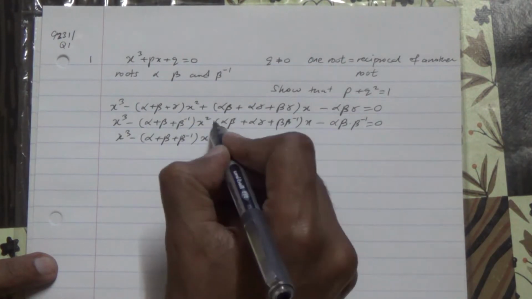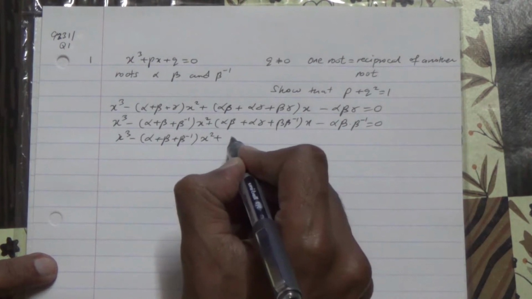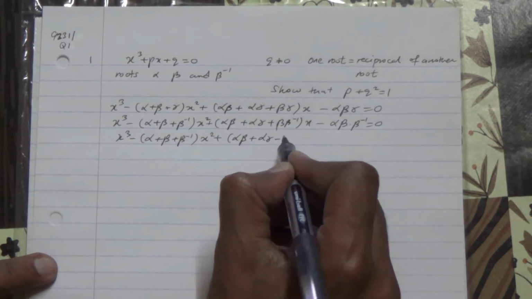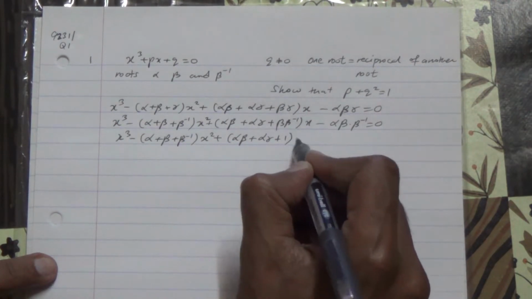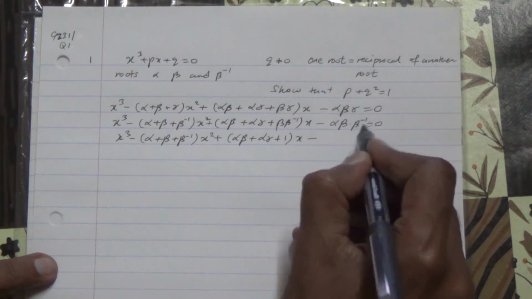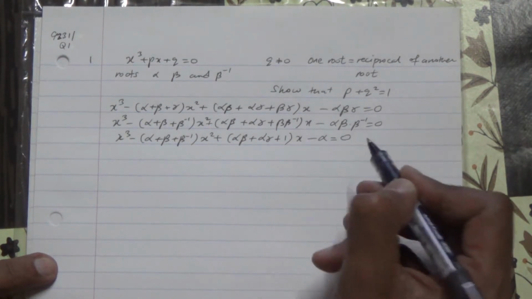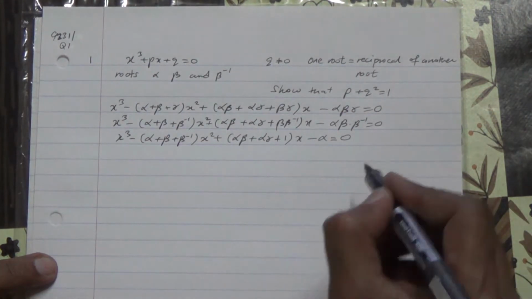Okay, so this one turns out to be 1, and this one also is 1. So therefore it's clearly seen that q is equal to negative alpha.